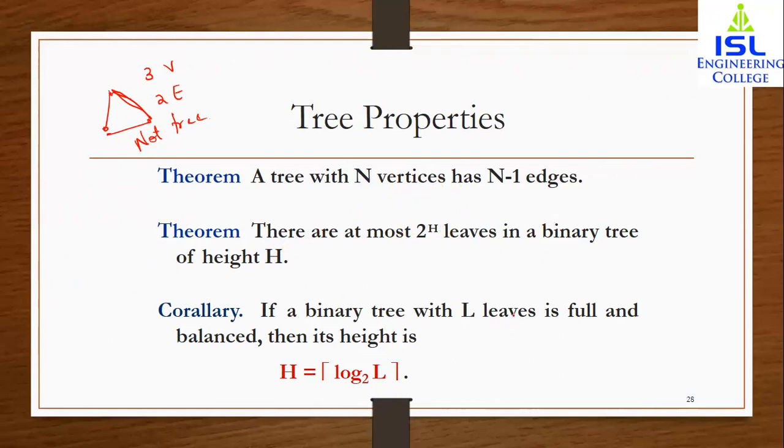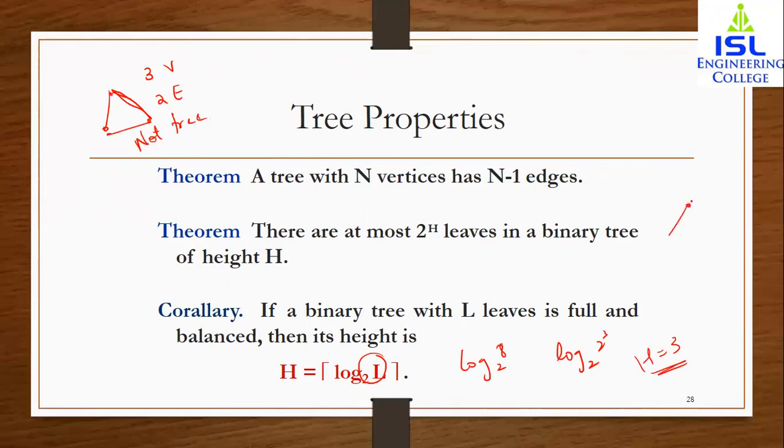Next, if a binary tree with L leaves is full and balanced, then its height is the ceiling of log L to the base 2, where L is the number of leaves. Okay, so if we have 8 leaves, log 8 to the base 2 is log 2 cube to the base 2, so this is basically 3. The H value is 3, so the height of the tree is 3.